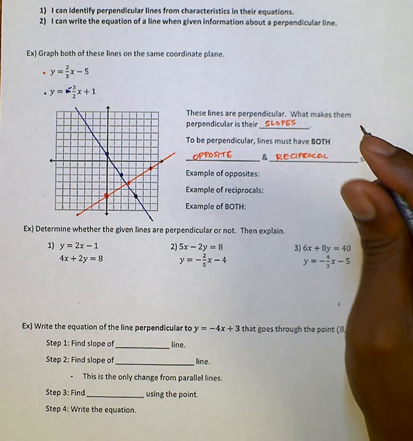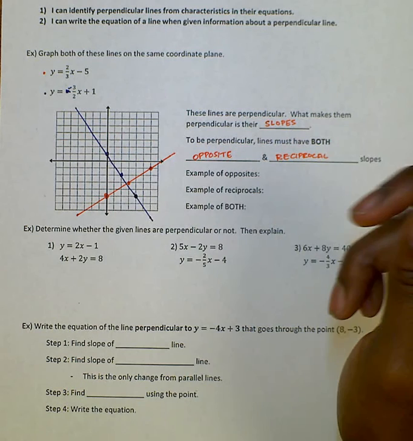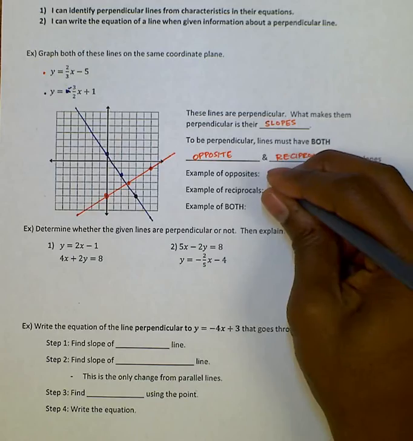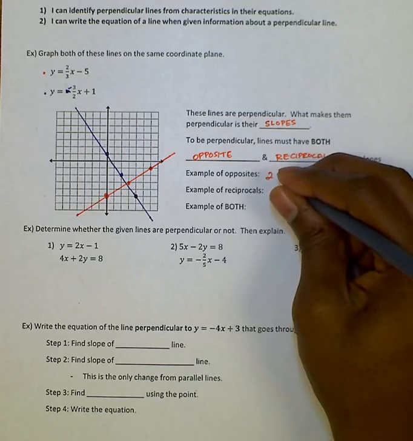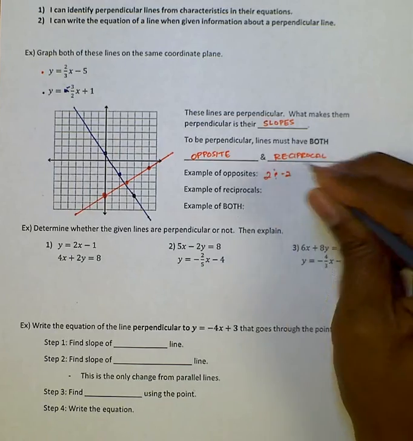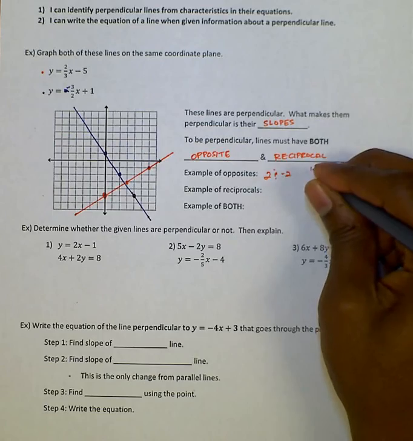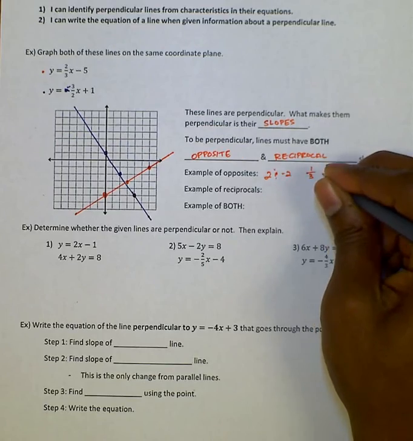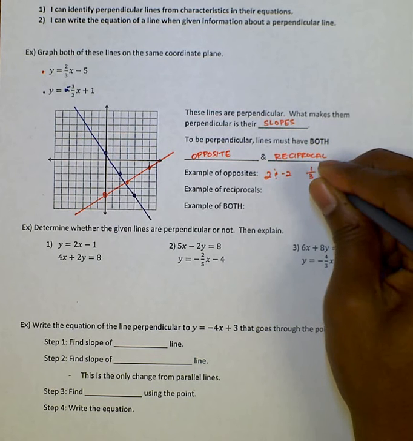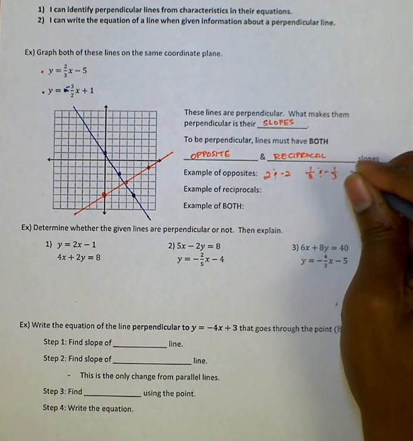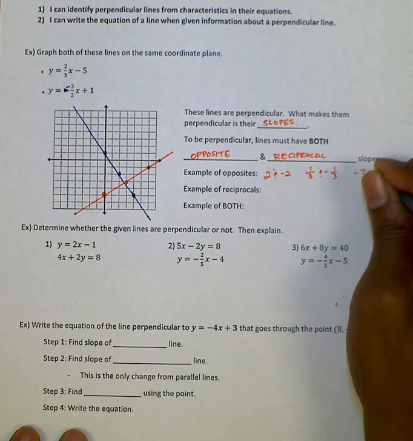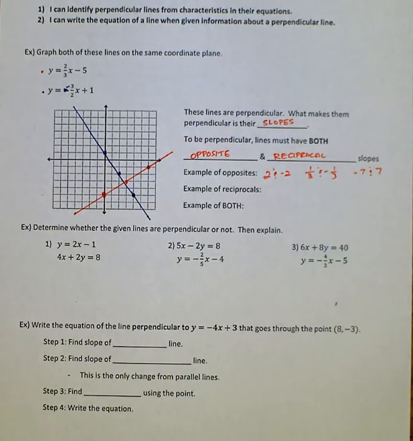Okay, so examples of opposites would be like 2 and -2, 1/3 and -1/3, -7 and 7. So opposites, one of them's positive, one of them's negative.